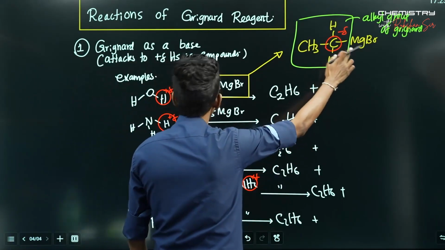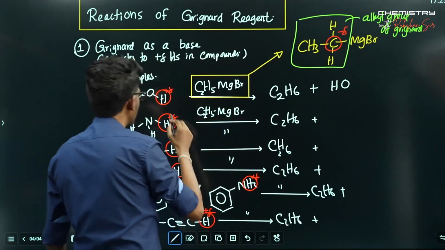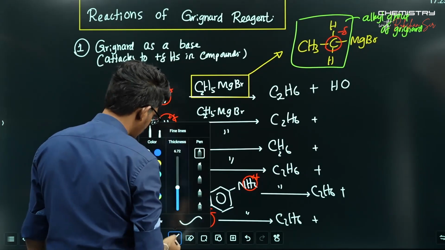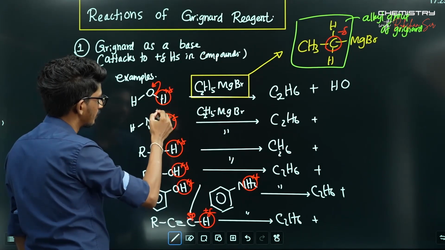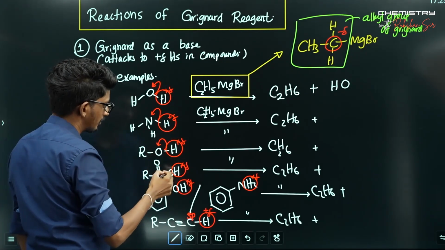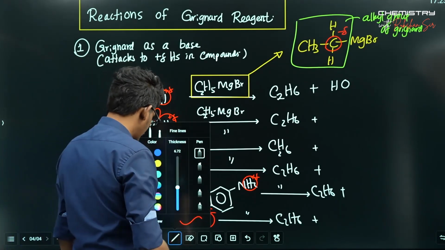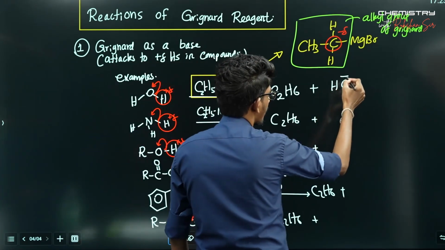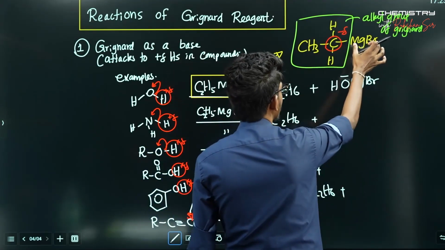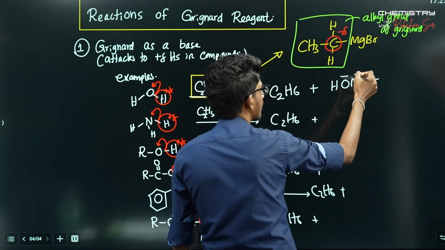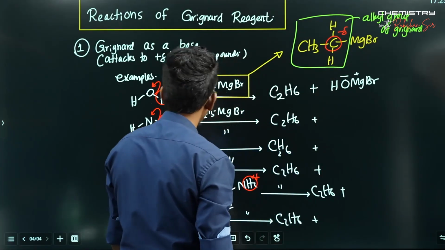The hydrogen leaves by giving the electron pair to these electronegative atoms, so the electronegative atoms will come up as negatively charged species. The MgBr will leave, giving the electrons to carbon, so MgBr plus. That is how the compounds are formed.